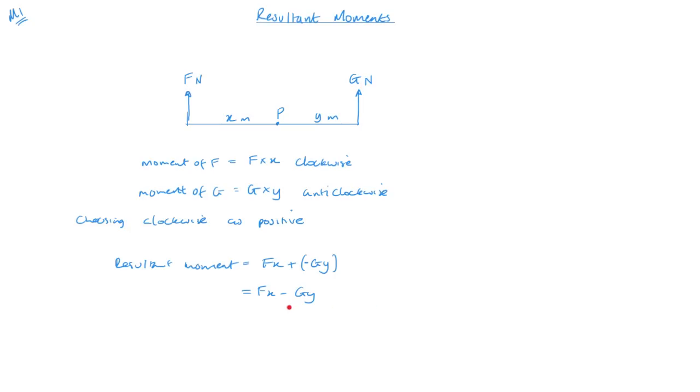And if that value is negative, then I can turn it into a positive value by changing the direction. So if this, for example, came out as minus 10 Newton meters, then minus 10 Newton meters clockwise will be the same as 10 Newton meters anti-clockwise.